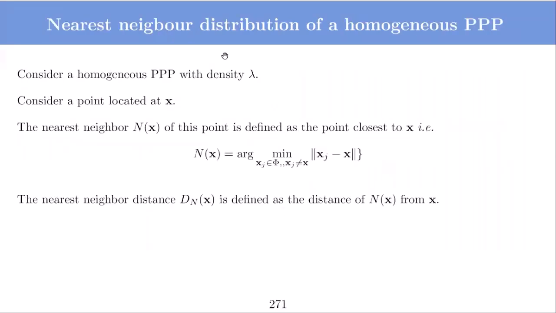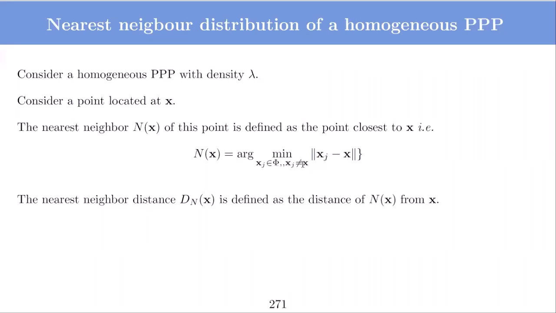Now let us talk about another example, which is the nearest neighbor distribution of a homogeneous Poisson point process. So consider a homogeneous Poisson point process with density lambda. Consider a point located at x. The nearest neighbor of the point is defined as the point closest to x. So nx is defined as you calculate the xj minus x for every point xj in phi.